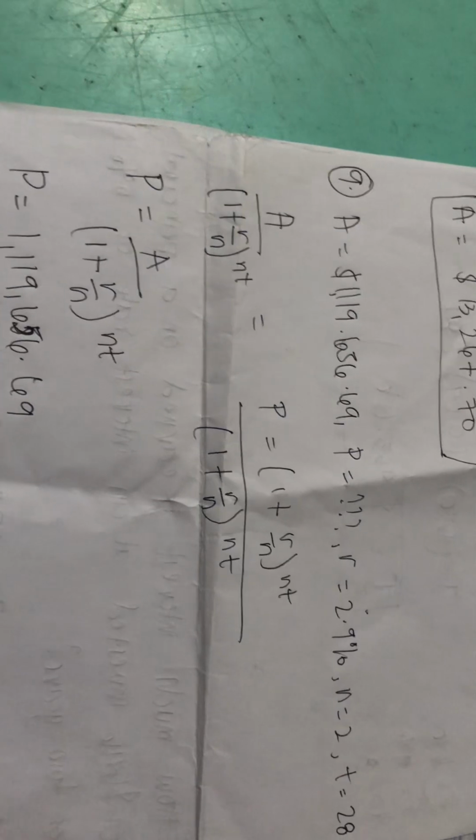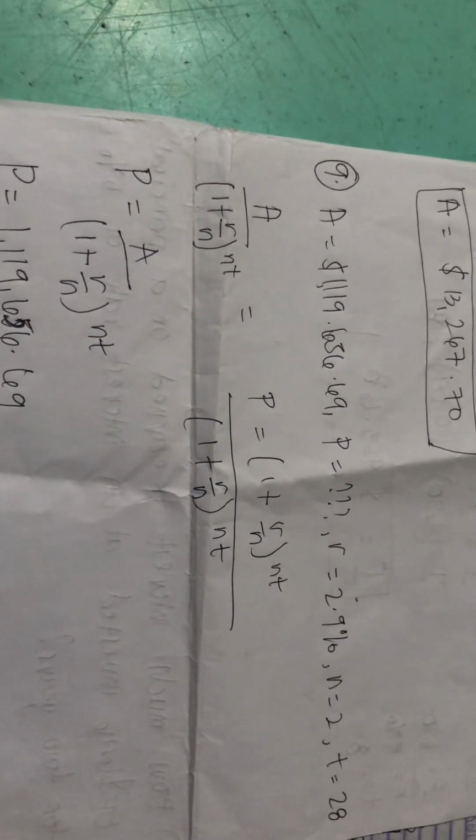So right here, the A over open parenthesis 1 plus the interest rate over the number of times interest is compounded per year, close parenthesis, put on top the time in years, equals principal.